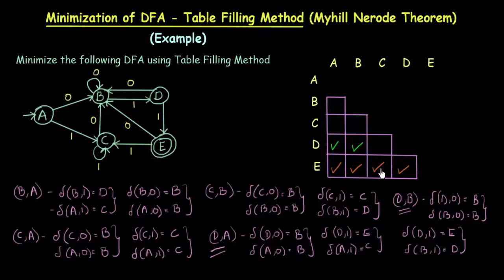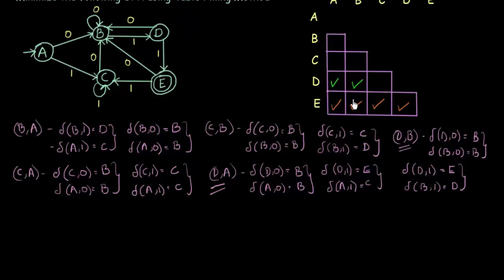Now let us come to the next one. The next one is DC. So I'll write it here. For DC, D on getting input 0, it goes to B, and C on getting input 0 also goes to B. And since BB is not a pair in our table, no need to do anything.